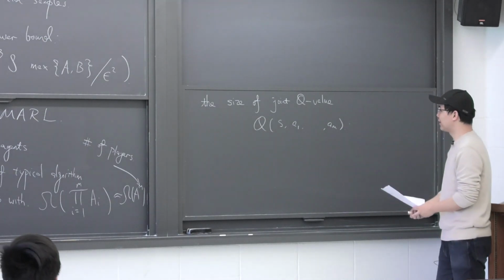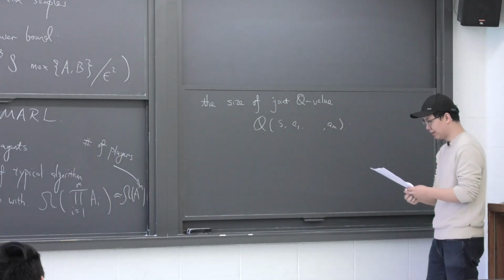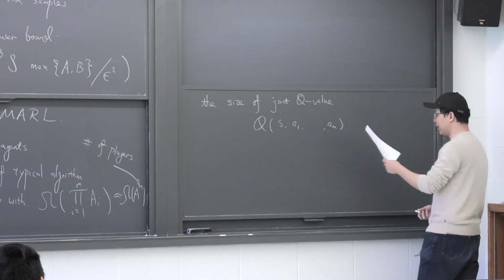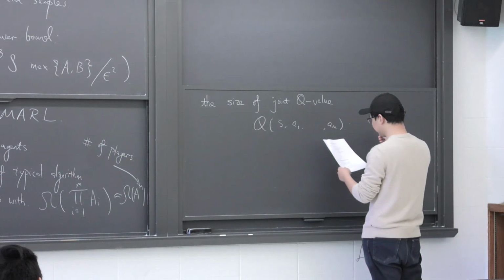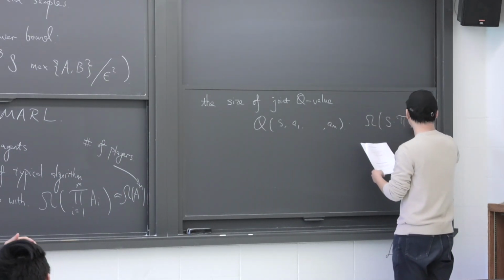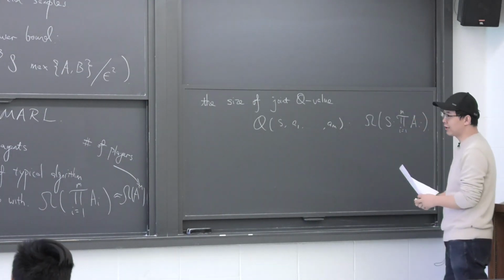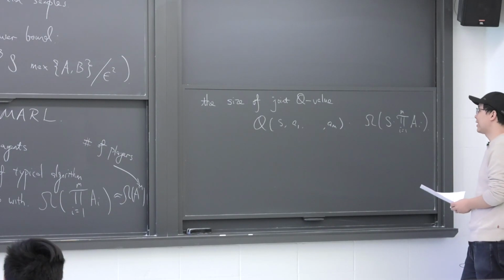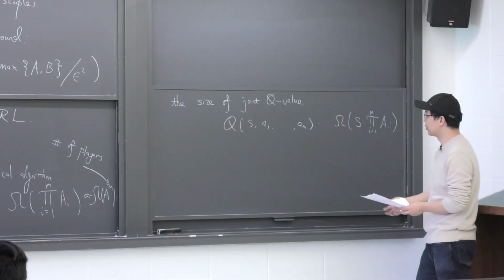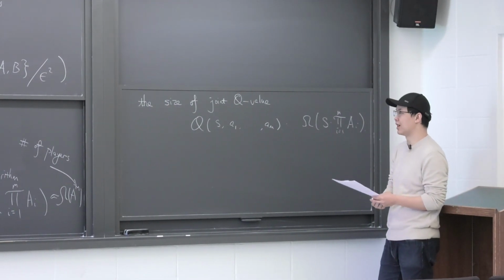In a tabular setting, we need to remember all the values for different action combinations. So the size of such a Q table is Omega of S times the product of A_i. Whenever we want to estimate such a joint Q value, we need to pay something exponential in m.